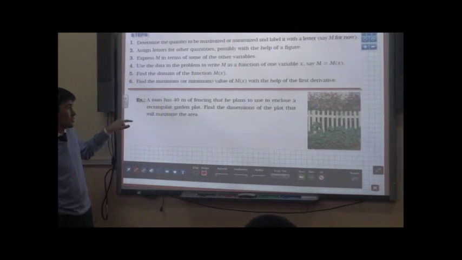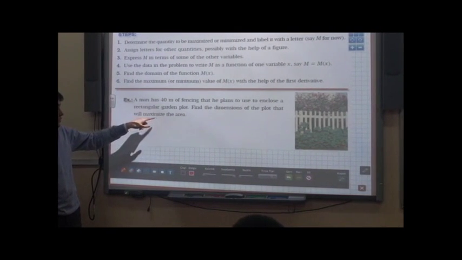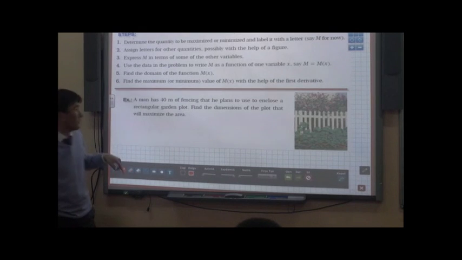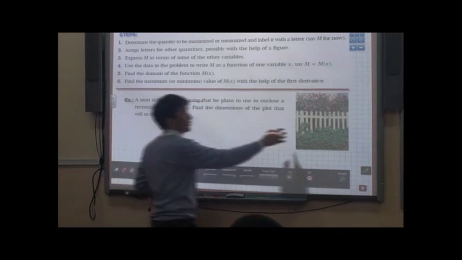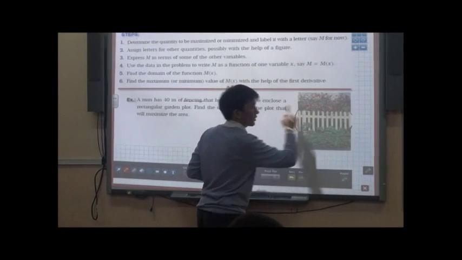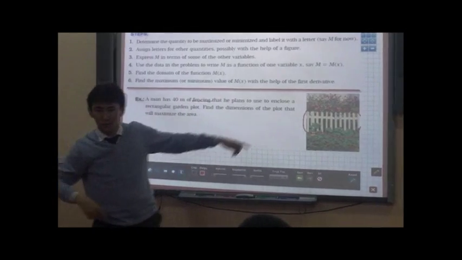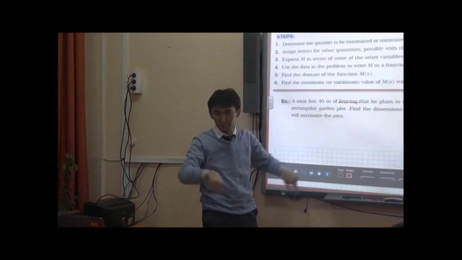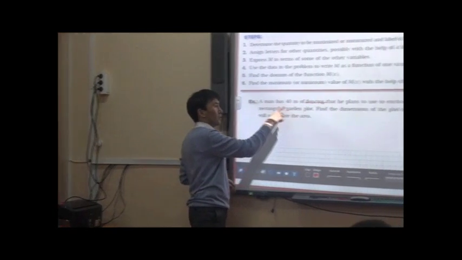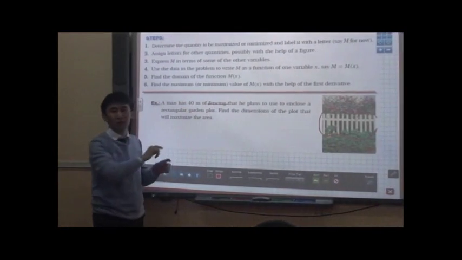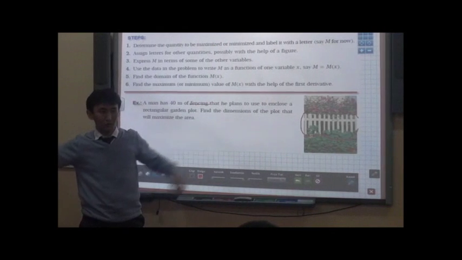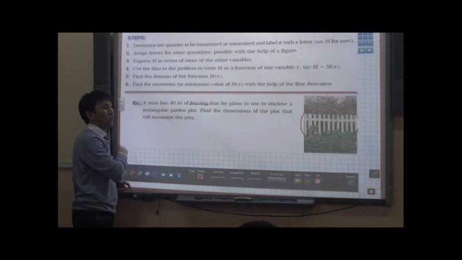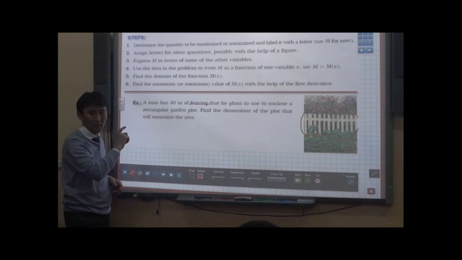Find the dimensions of the plot that will maximize the area. The fencing is this one, and he wants to enclose his garden with it in a rectangular shape. The whole length of that fencing is 40 meters. And he wants to what?